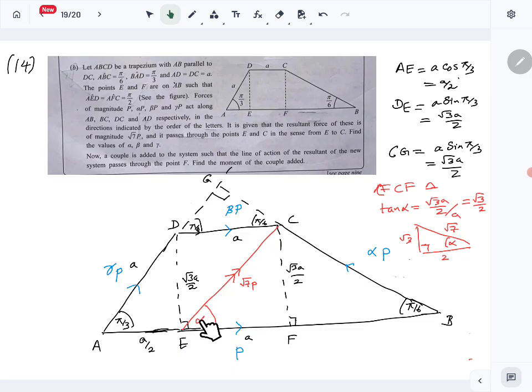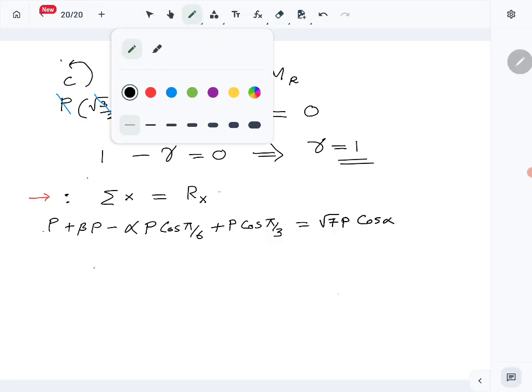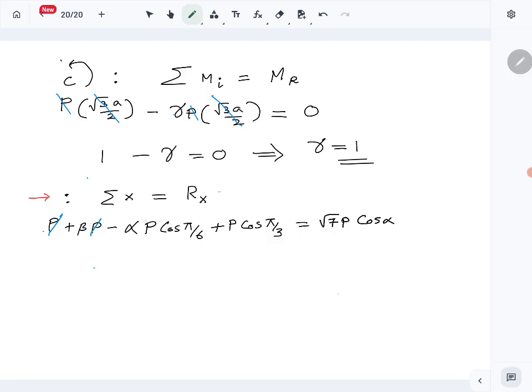Resultant horizontal component is root 7 P cos alpha. Now, before finding P, we can cancel P, since it is common to each term.